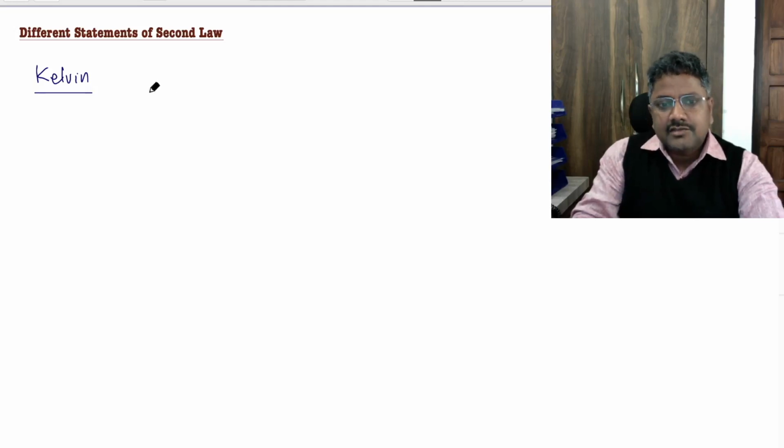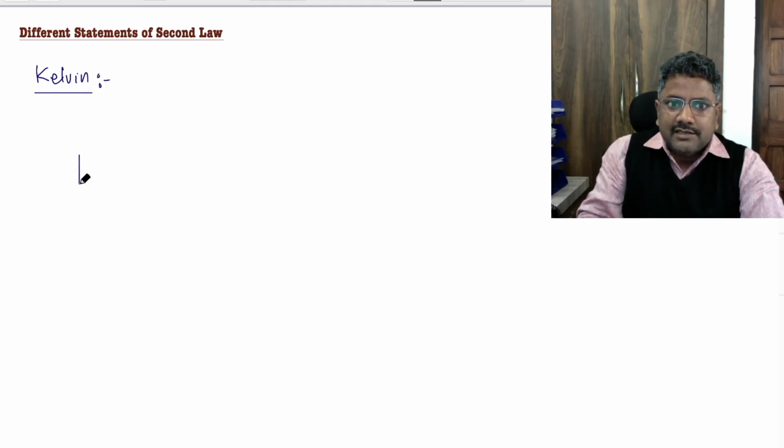See, first we will try to understand what Kelvin has suggested through a diagram. Suppose that we have a reservoir, a hot reservoir, having temperature T1.